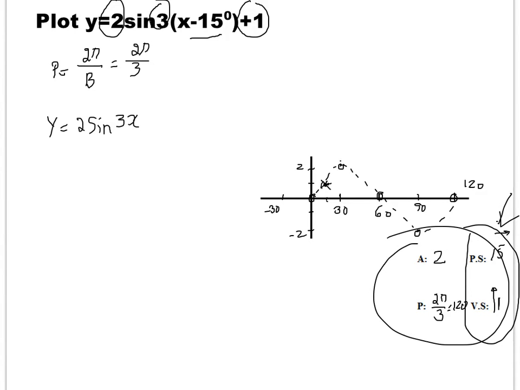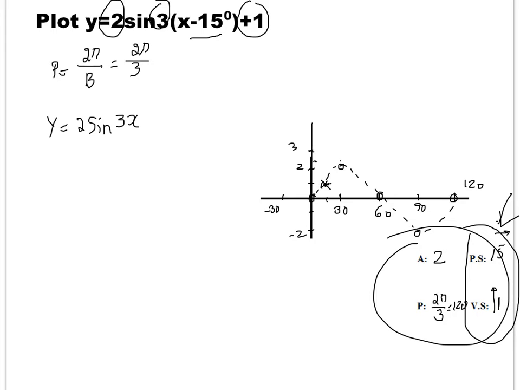I put a cross here. I hope everybody understands. The next point is this maximum here. I'm going to move 15 degrees, which is half of this distance, to the right, and then 1 unit up, which is going to be 3. So if I continue here, somewhere around here is 3.